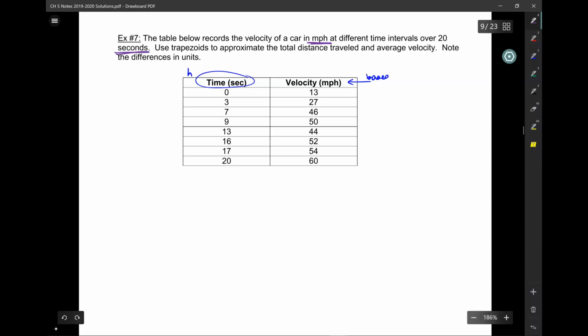No, it's jumping up and down. So T is, the first one is 3 over 2, 13 plus 27, plus, all right, go ahead and do this. I'm going to race you to it and then find the answer for me.